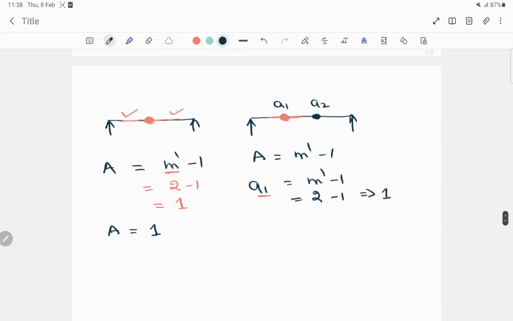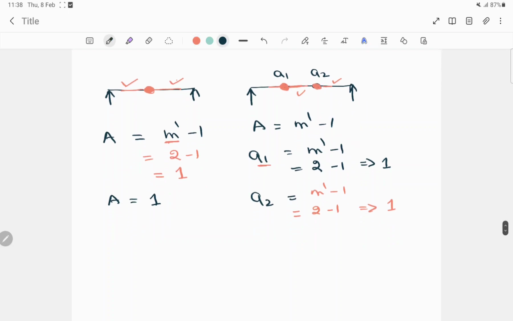Now again we have to find for this case. A2 is equal to, again we have the same formula, that is m dash minus 1, where m dash is again the number of members connected to this hinge. Again there are 2 members connected to this hinge, so the value of m dash will be 2 minus 1, it will be 1.